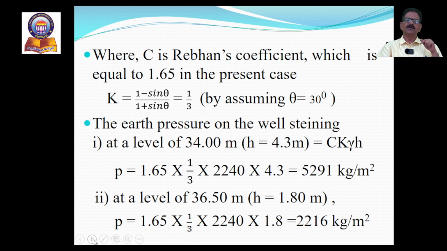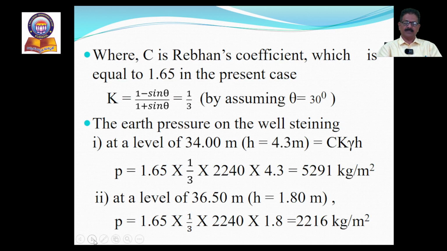So the H is 4.3 meters only. Is it clear? At the level of 34 meters, the H from the top of the well is 4.3 meters only.